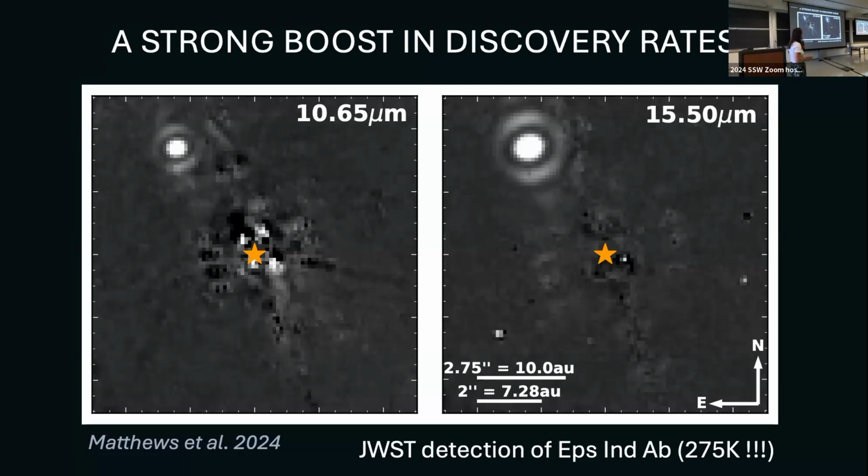So this system was selected exactly through these methods, and the companion was found. And we would never have been able to find something this cool from the ground in the infrared. We really needed to go to these wavelengths with James Webb, but this is really opening a whole new part of the parameter space, which is super exciting.